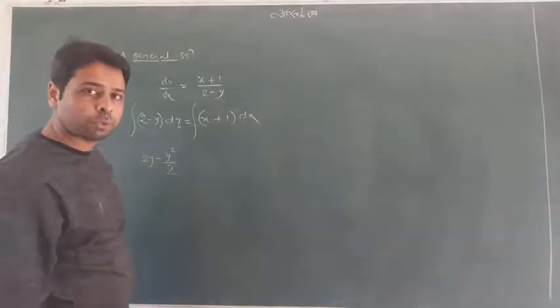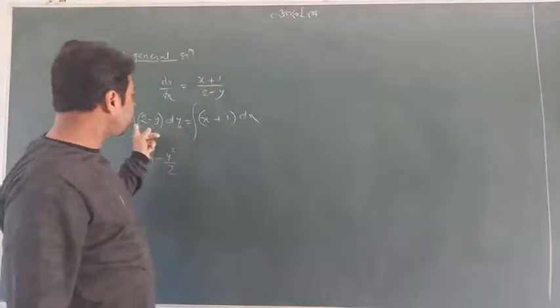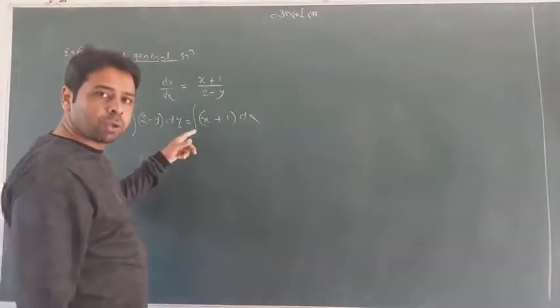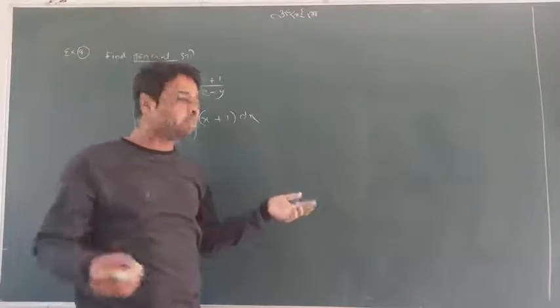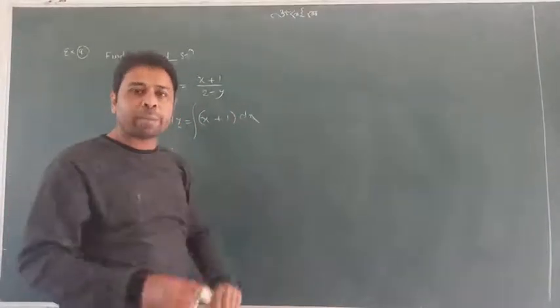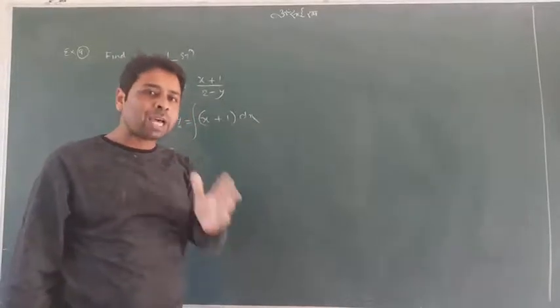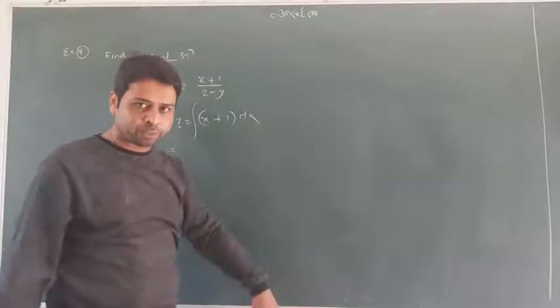Don't use a constant on both sides, because ultimately we have two integrations. When you write a constant here and also here, all constants combine and form a single constant. So make a habit of using the constant on the right hand side.